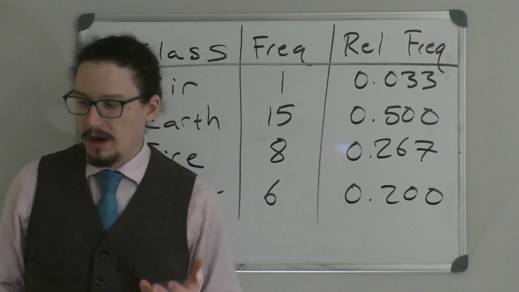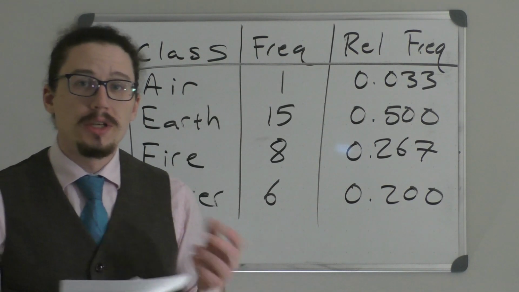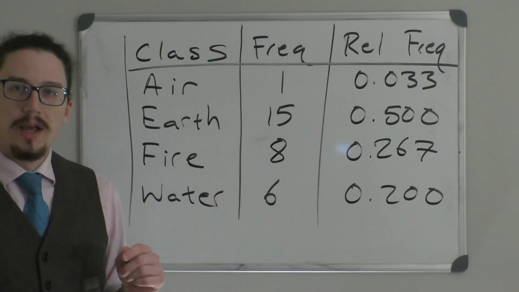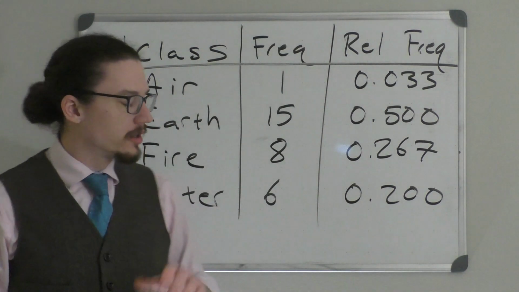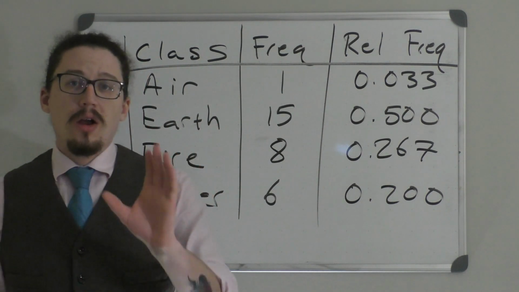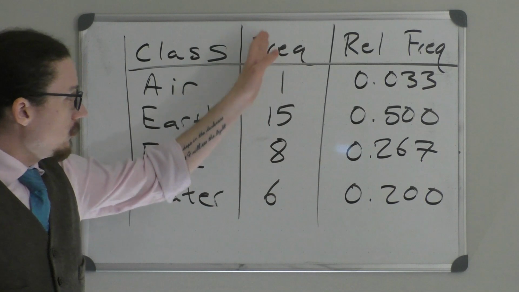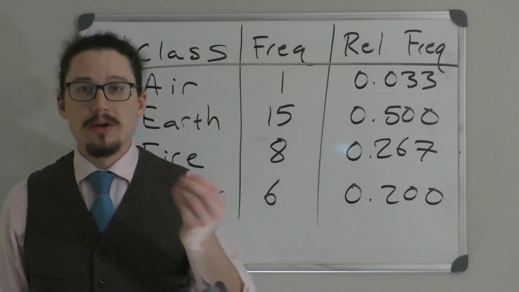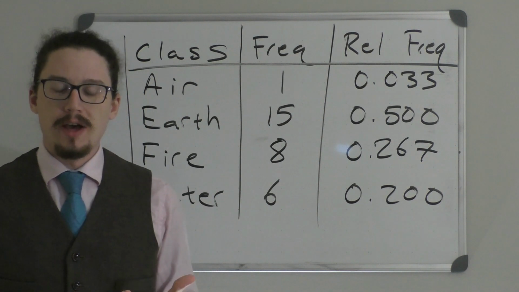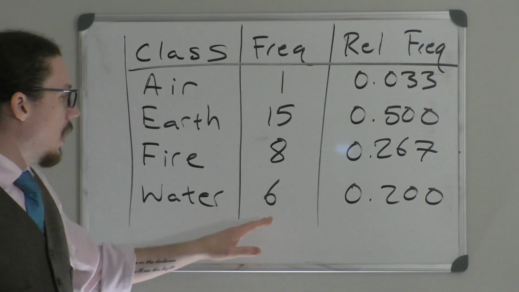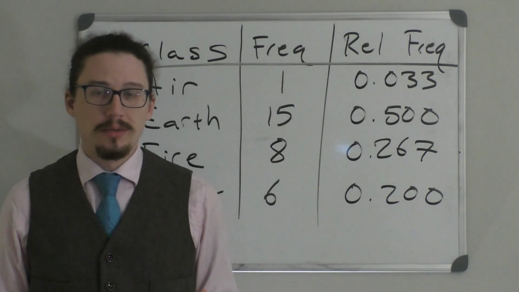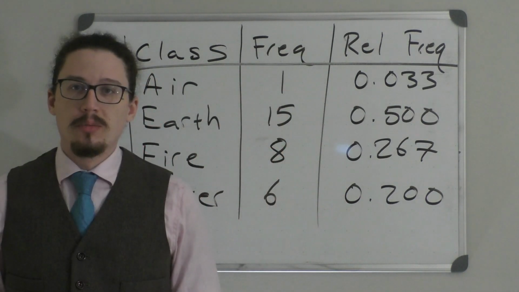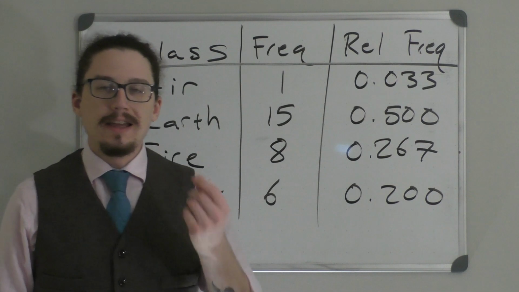So this is what our frequency and relative frequency distribution all together would look like. One of the reasons I put the frequency back up here is because I forgot to mention something. We get those frequencies by just counting up the number of times each value occurs in the data set. One quick way to check that we didn't leave anything out is to add up the numbers in the frequency column.